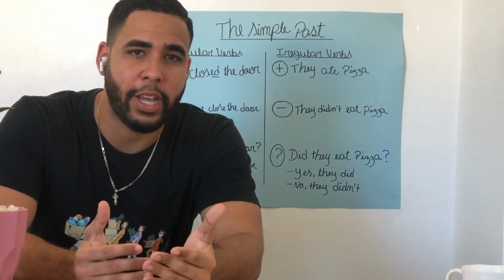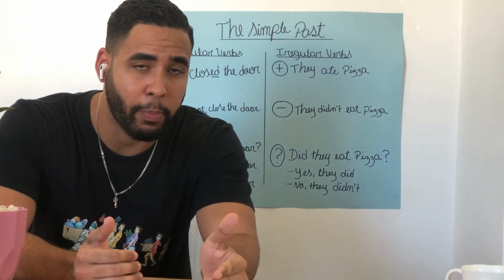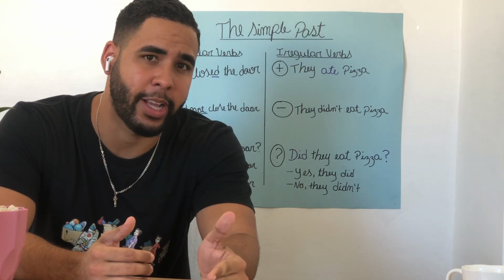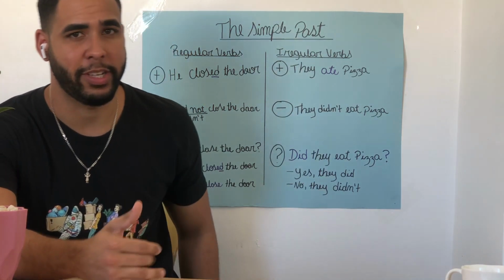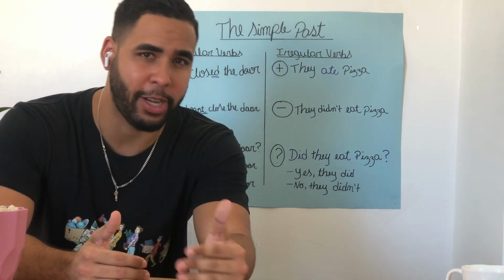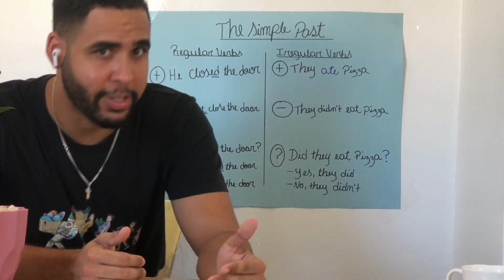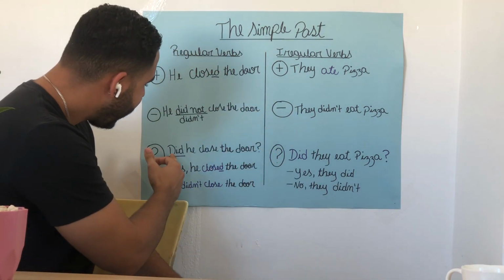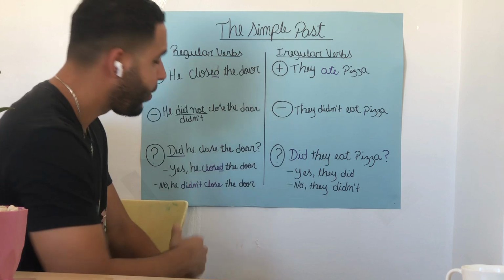And for making a question in simple past, we're going to use also the same auxiliary as I mentioned before, which is did. But in this case, we're going to use it at the beginning of the question. For example, we'll say, did he close the door?